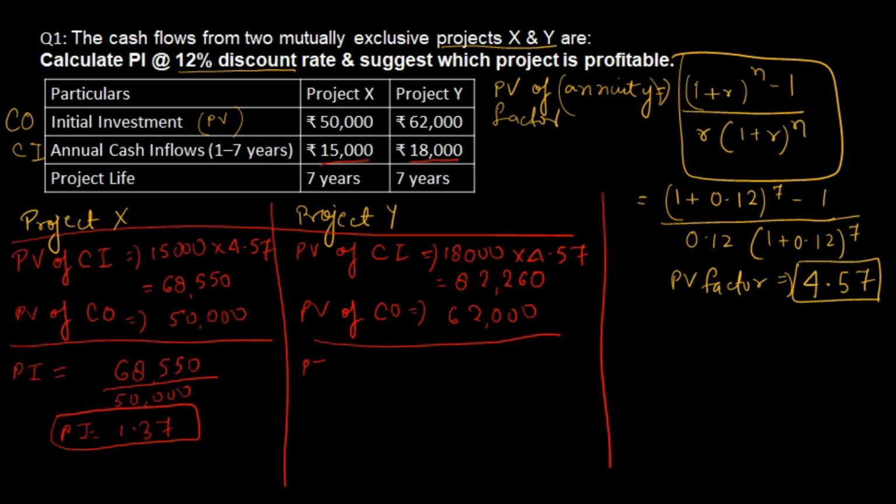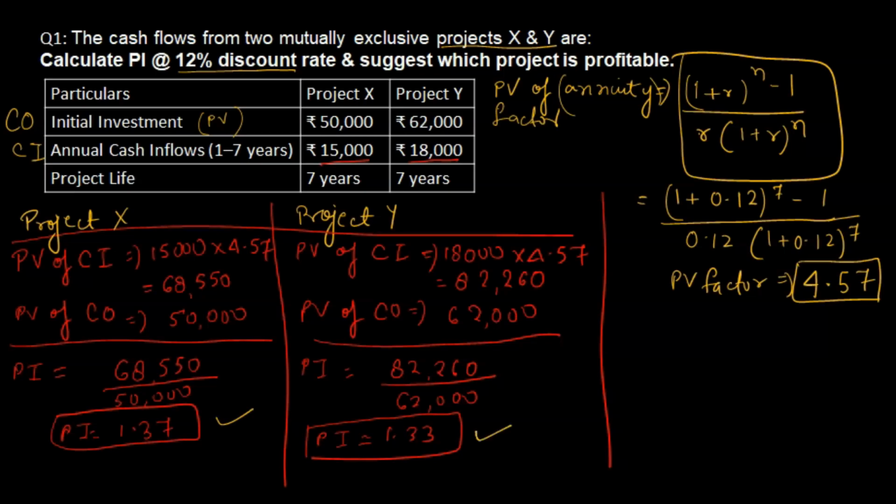Then for project Y, inflow 82,260 and outflow 62,000, so here we will get a PI of 1.33. So the profitability index is very easy to find. We get 1.37 PI in project X and 1.33 PI in project Y.